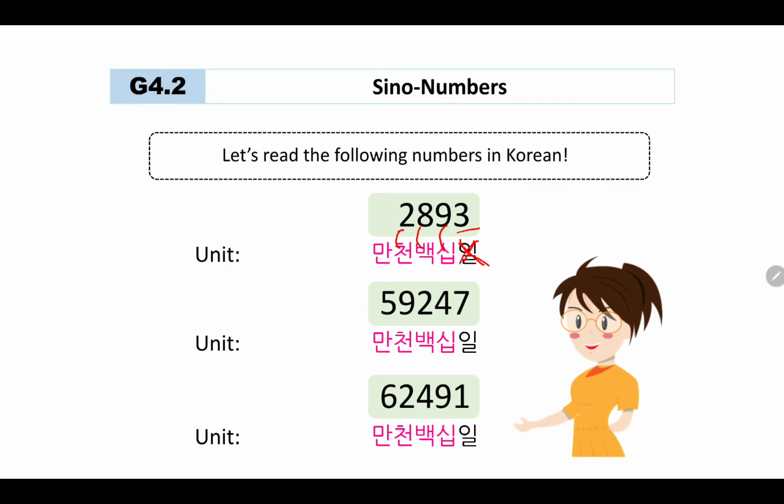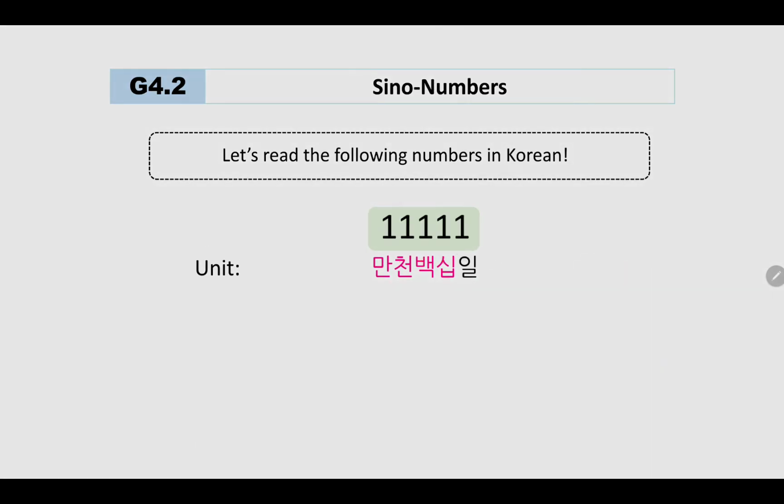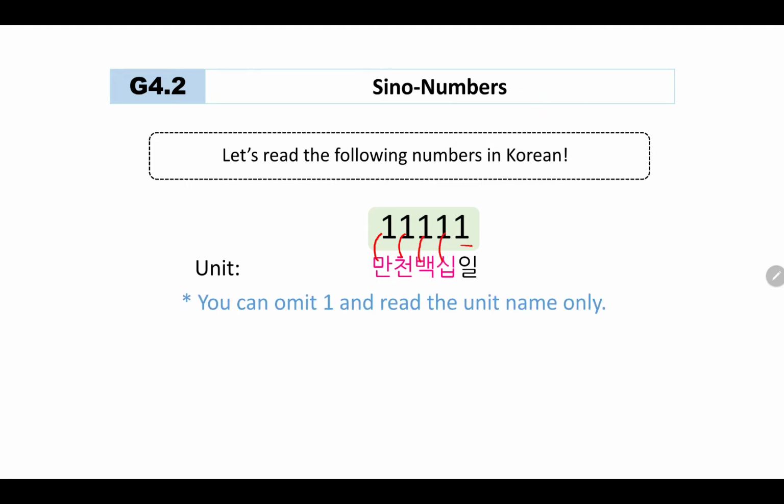Don't say 일, yeah? For this big number, you would say 59,247. For this number, you would say 62,491. How about this one? 11,111.